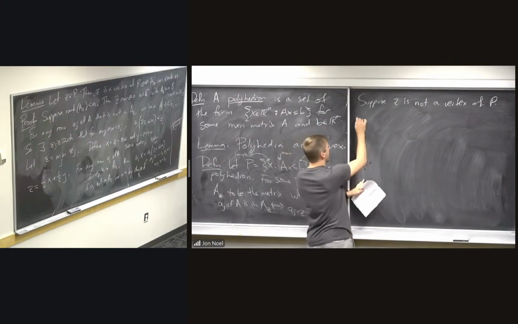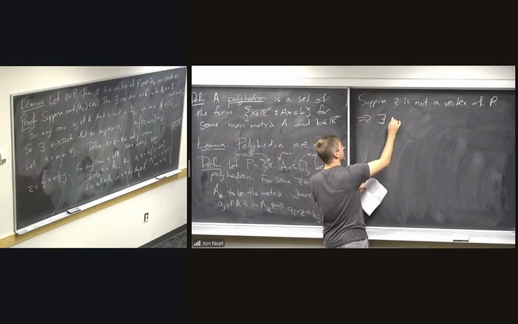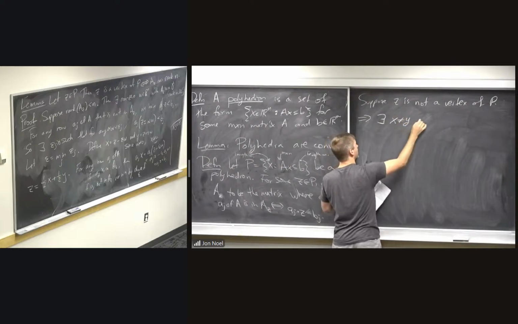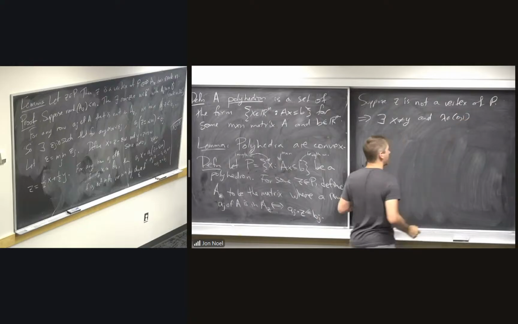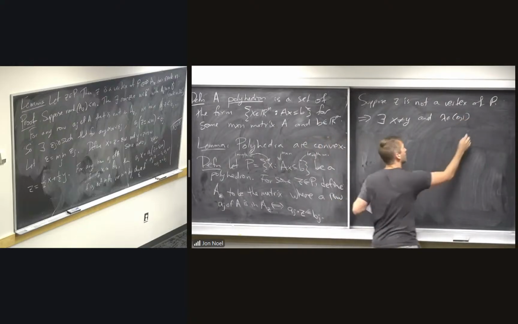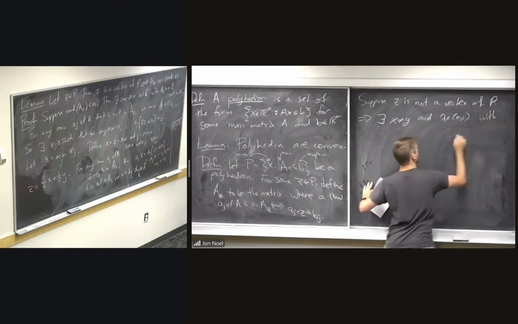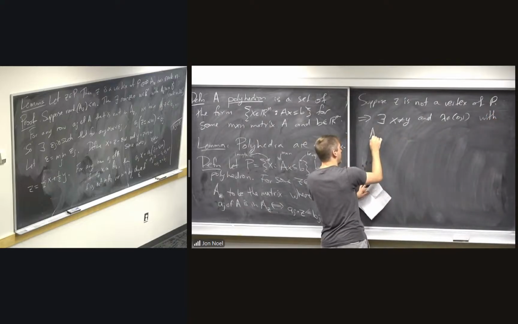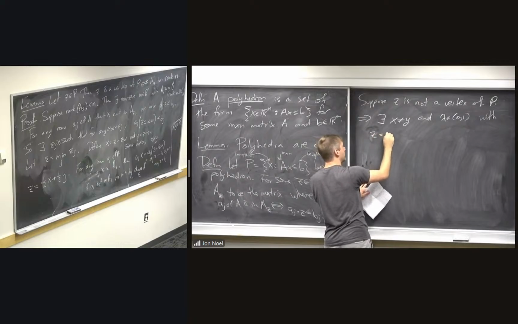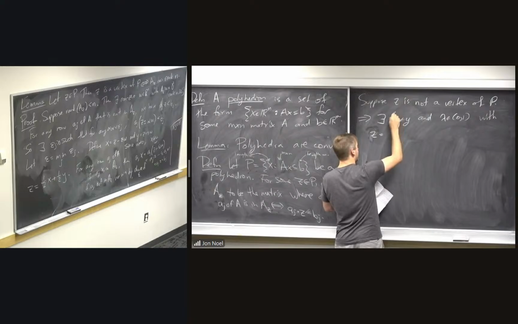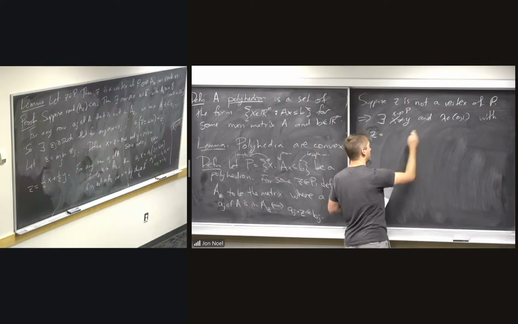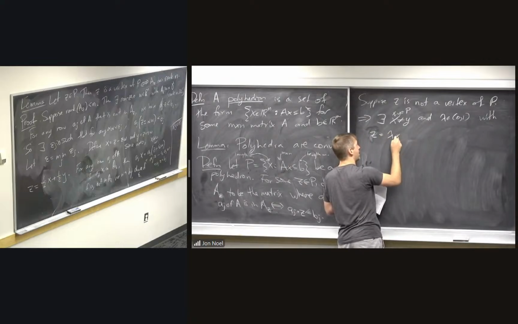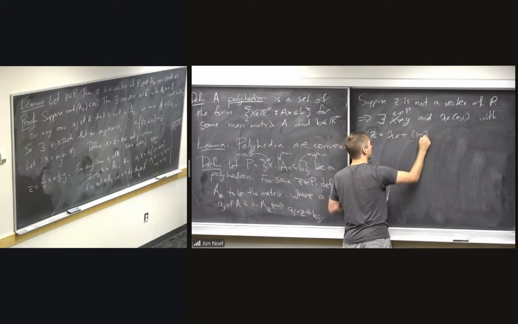That implies that there exist x not equal to y, and lambda in the open interval (0, 1), with x and y in P, and z equal to lambda x plus 1 minus lambda y.